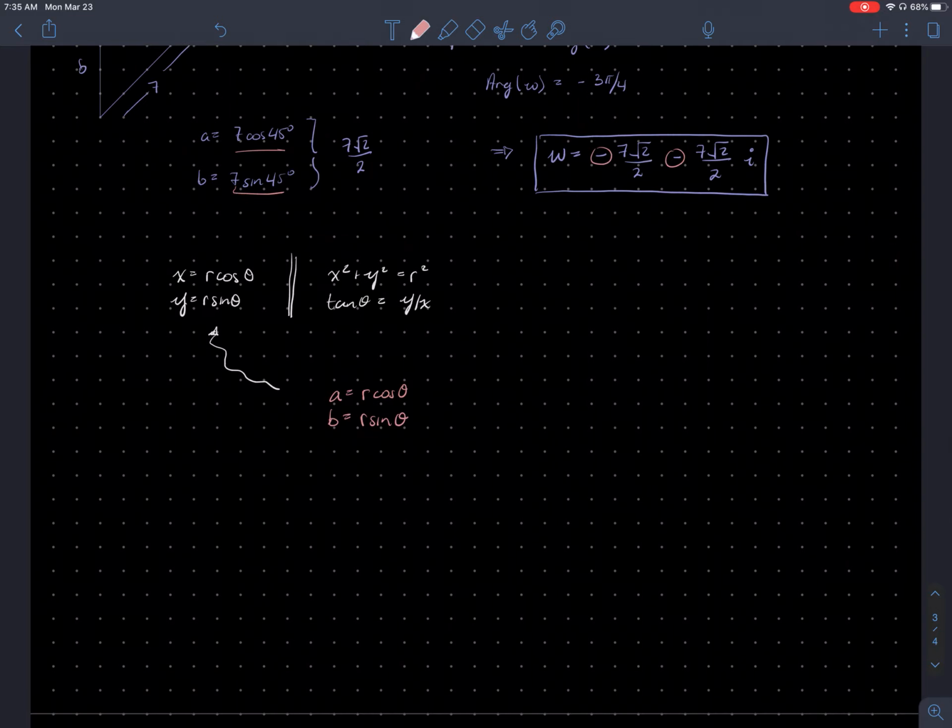We can simply plug those in and say a is going to be equal to 7 cosine of negative 3 pi fourths, and b is going to be 7 sine of negative 3 pi fourths, so that this is going to be negative square roots of 2 over 2, and this is going to be negative square roots of 2 over 2, where we simply plug it into this form, a plus bi, where that complex number w is going to be equal to that.